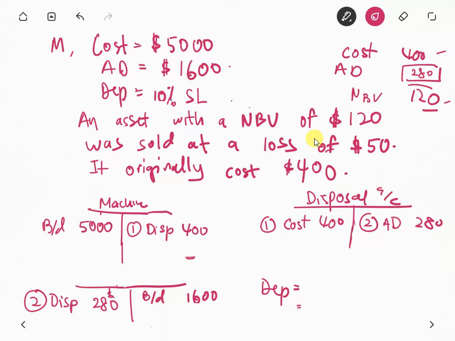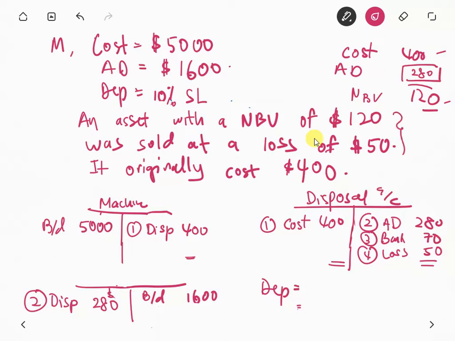I make a loss. Loss means which side? Step 4, loss. 50. What is missing? Step 3, money received. This is the balancing figure, number 3. Bank. 400, 330, 70 is the balancing figure.